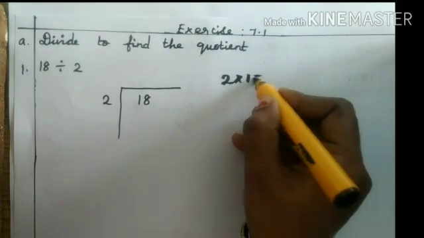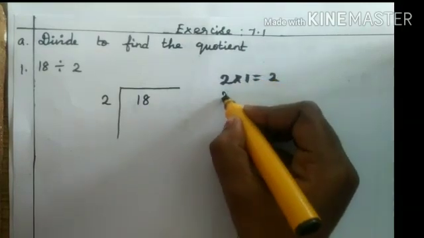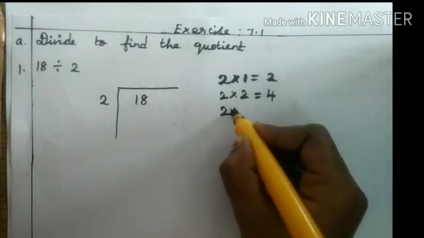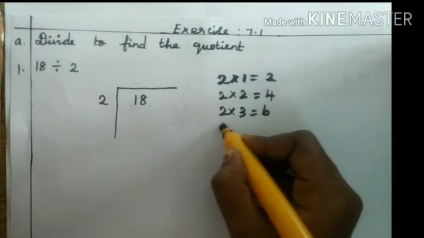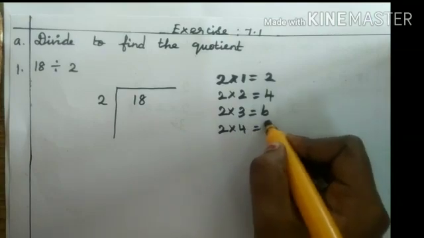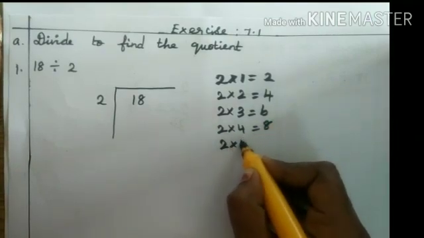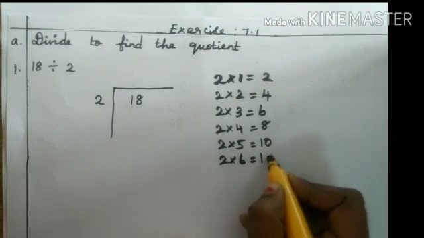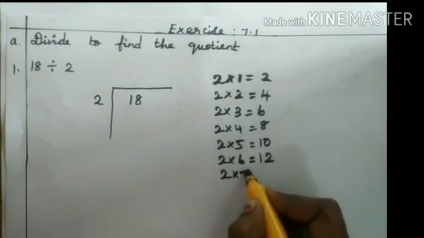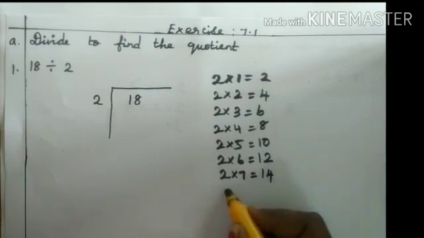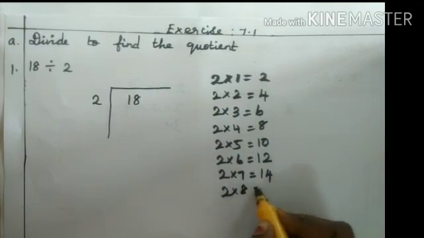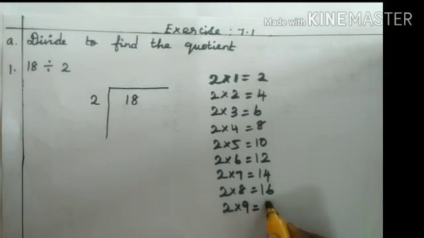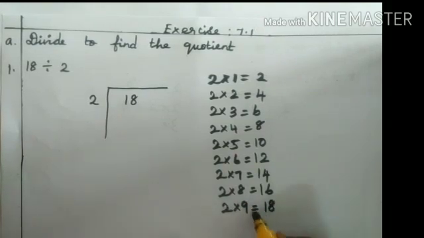2 ones are 2, 2 twos are 4, 2 threes are 6, 2 fours are 8, 2 fives are 10, 2 sixes are 12, 2 sevens are 14, 2 eights are 16, 2 nines are 18.